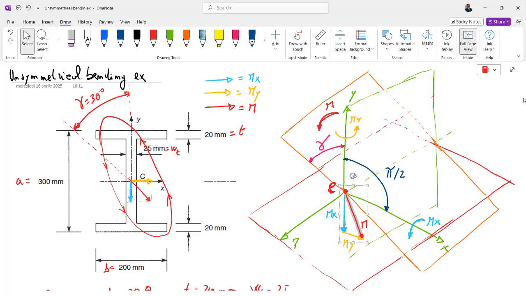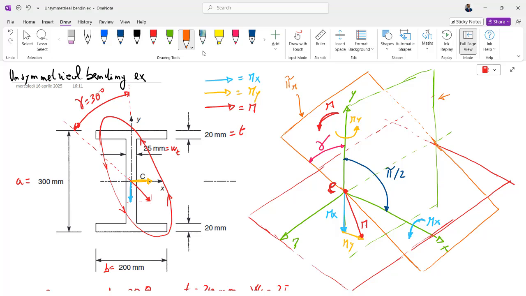So this plane, the plane where the total moment M is applied, has an inclination with respect to the vertical plane, which in this figure is the plane drawn with the green pen, equal to gamma, and gamma is equal to 13 degrees.